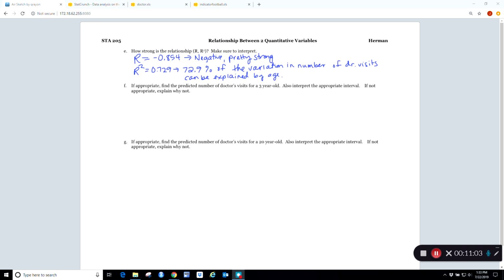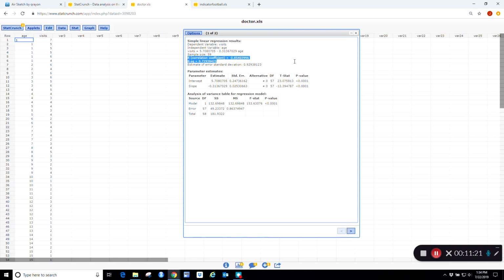If you look ahead, F and G are very similar to each other, except for the age of the child that we're looking at. So here you're looking at interval, so this goes back to confidence versus prediction interval. So first, let me just remind you of how I got the output that you're going to see for that.